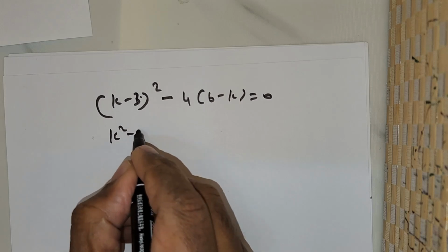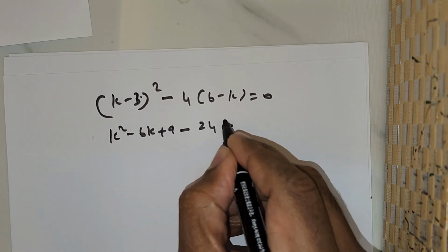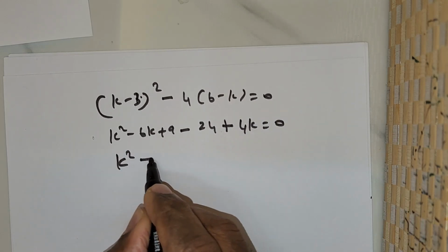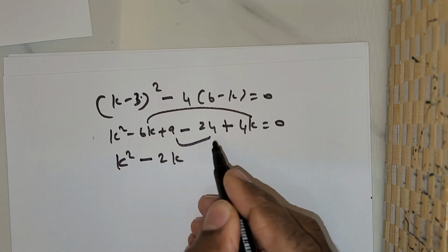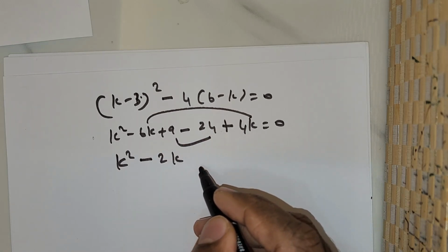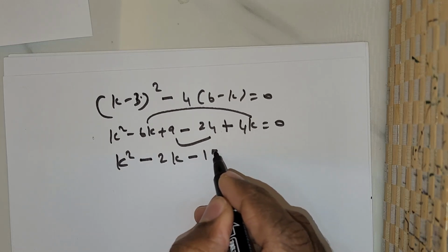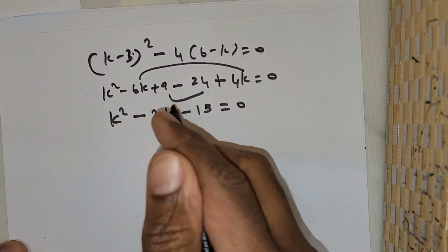So this is going to be k² - 6k + 9 - 24 + 4k = 0. So this is k², you add these, you get -2k, you add these, this would give you a value of -15. I am taking it equal to 0.